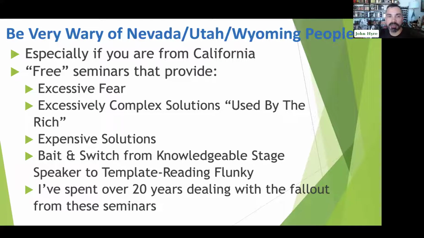This is a kissing cousin of the free seminars. I have been practicing on my own now for, oh, let's see, 22 years. And I have had to fix, when it was fixable, many sad times it was not fixable, messes created by the Nevada, Utah, Wyoming crowd. A great example would be a C corporation when you didn't need one.